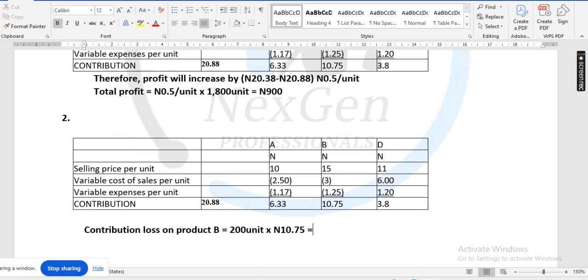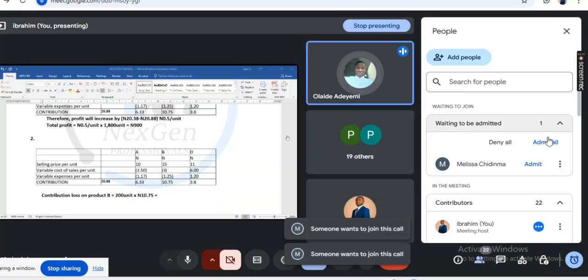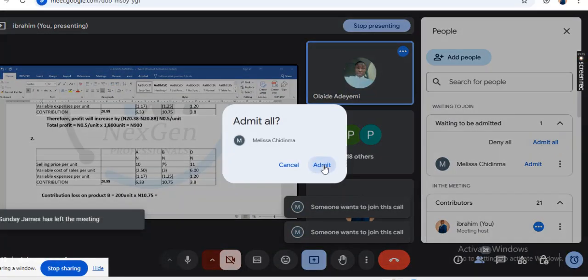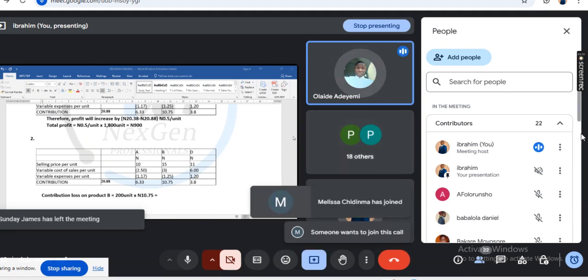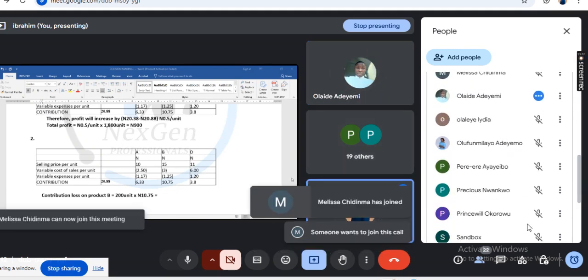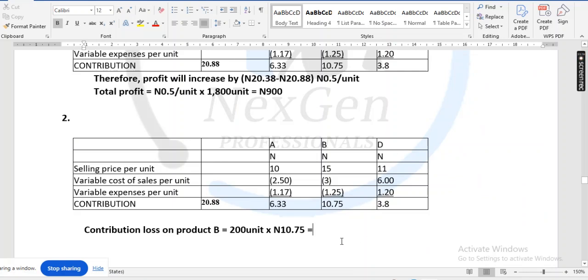So what is the value of the contribution loss? 200 times 10.75, that is 2,150.